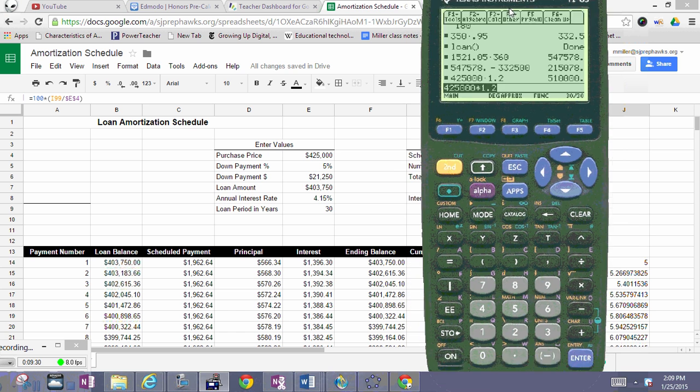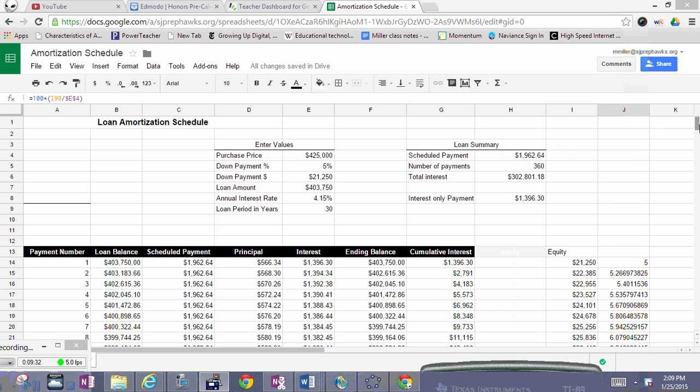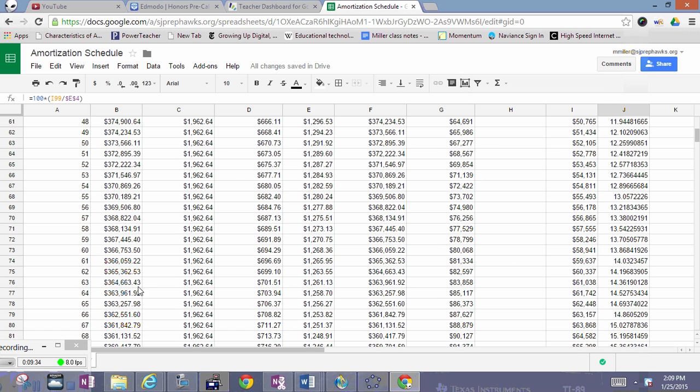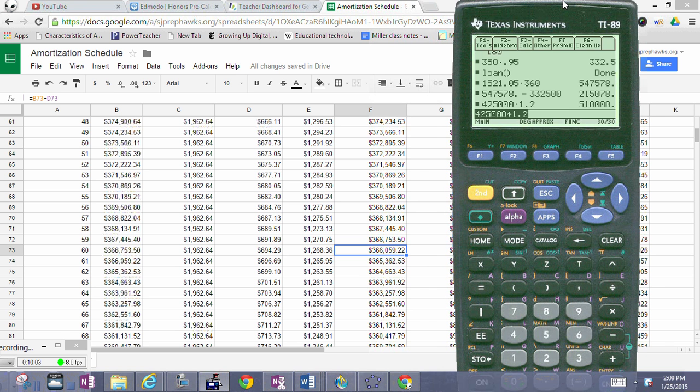So assuming that to be the case, 510,000 after 5 years, here's our 60 months. So we're at 60 months. We presumably still owe 366,059. So assuming you can sell it at 510, of course you're not going to net that profit, but 510 minus that 366 would be that potential profit.